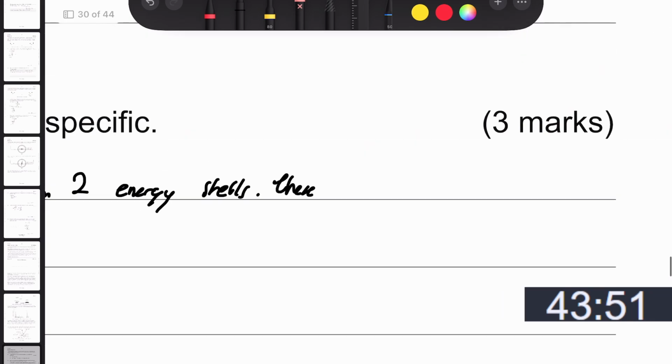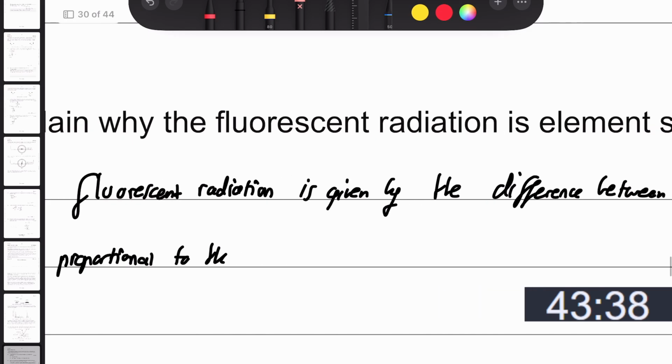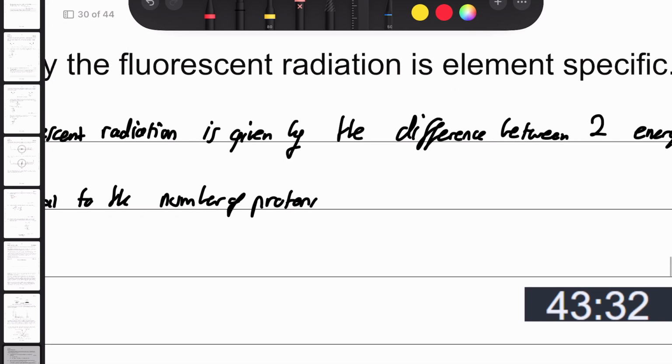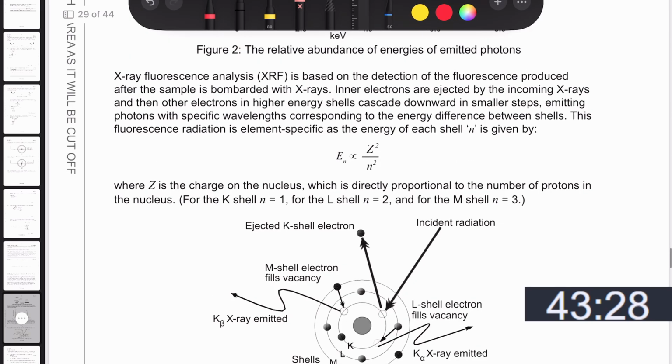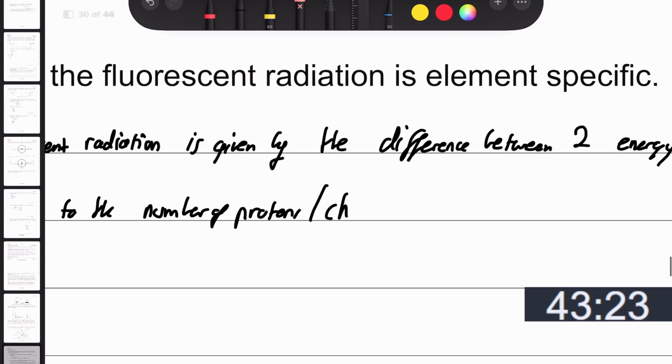These energy levels are proportional to the number of protons, or charge of nucleus.